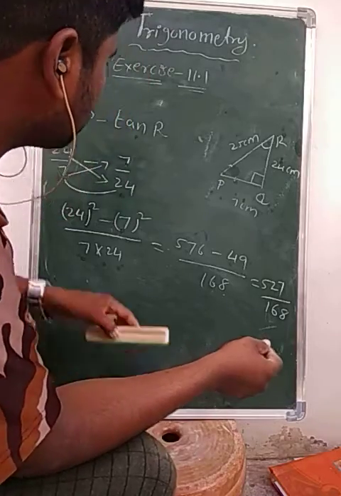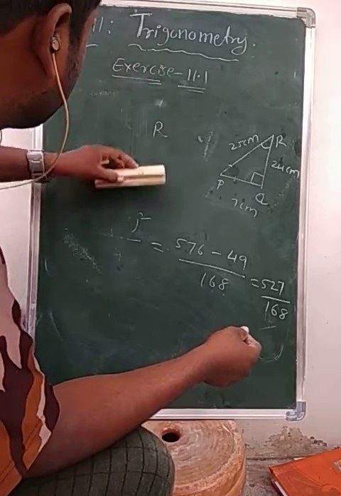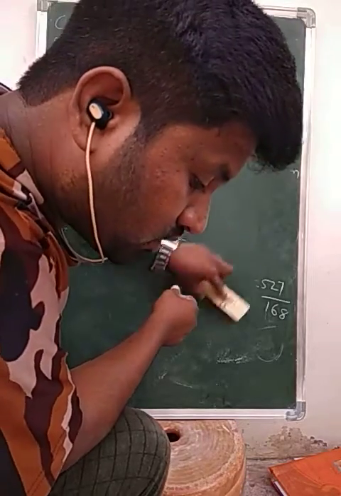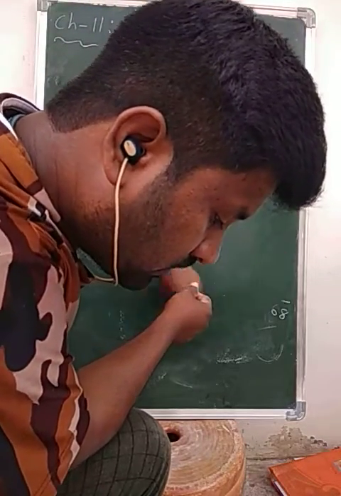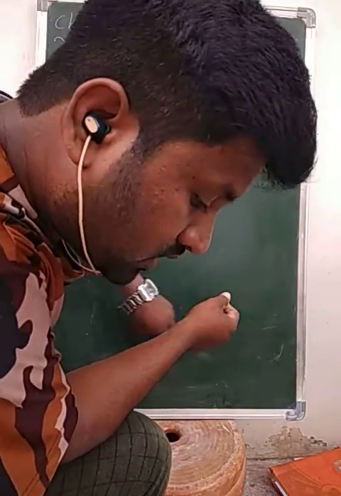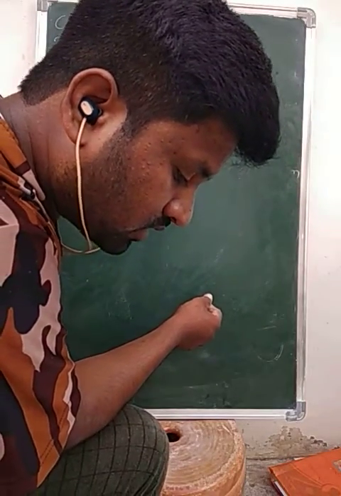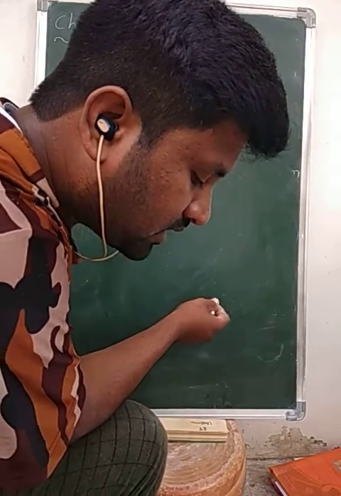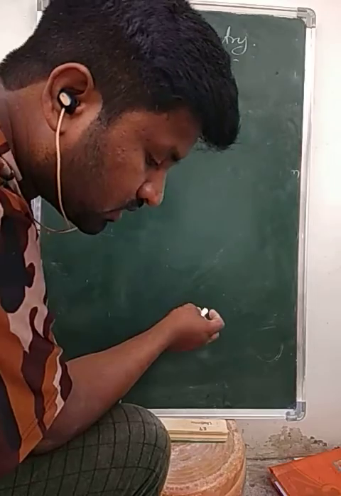Now let us discuss one more question. Question number 3, you take it as homework, which is the same model as the second question. I am taking question number 4.